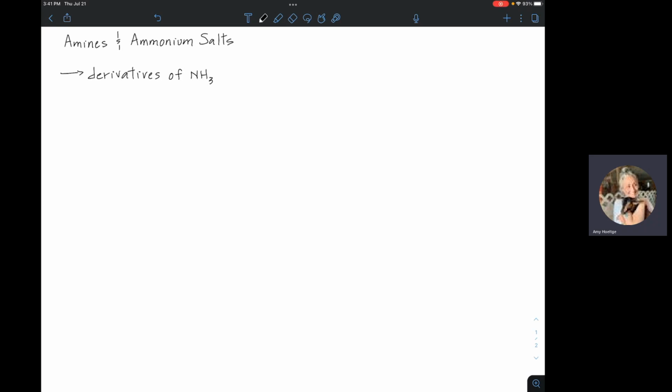So these things are categorized just like we categorize carbons and alcohols, but they're categorized just a little bit differently.